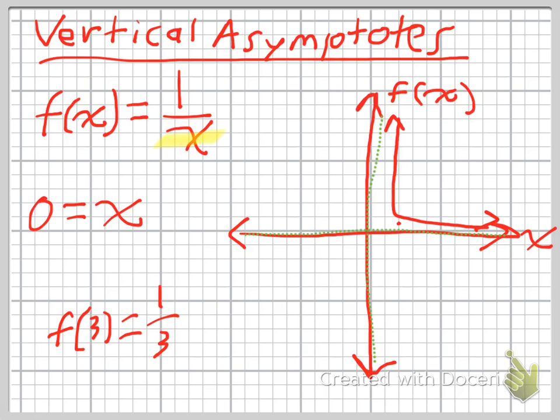Same thing, we plug in a value, so I was finding, say, f of -1. f of -1 equals 1 over -1, and that simplifies, of course, to just -1. So I know I'm going to be in this quadrant, and based on that and the end behavior of my asymptotes, I can graph that. And that's the graph of f of x equals 1 over x.